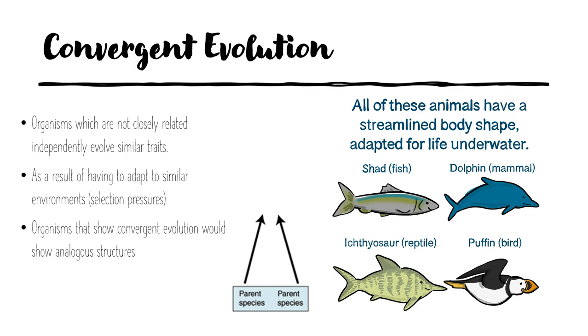If we look at their skeletons, they wouldn't show the same kind of structures that we saw with homologous structures, but we can identify different aspects that are very similar. So streamlining in the body shape to show decreased resistance through water that we see in dolphins, fish, reptiles, and birds that all live in the water but come from different ancestry.